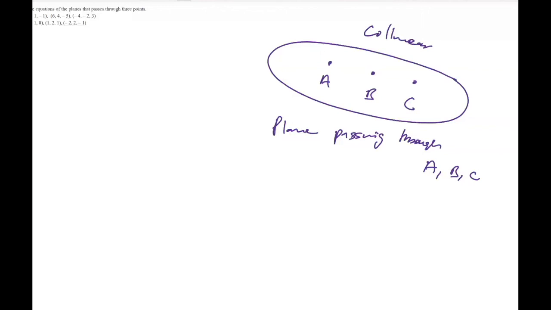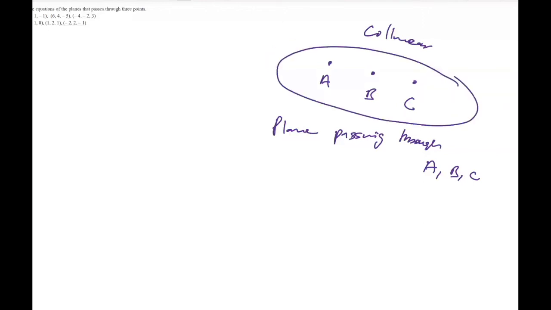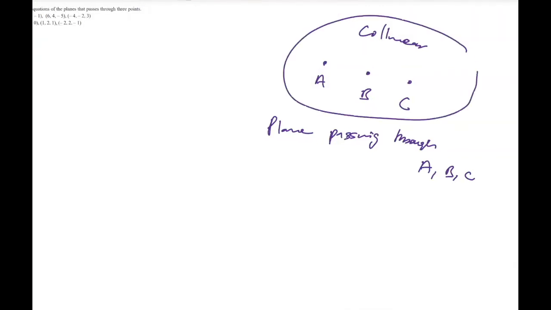How many planes can pass through 3 collinear points? Infinitely many. That means there is no unique plane which can pass through these 3 collinear points. So in this case we cannot have any unique plane.